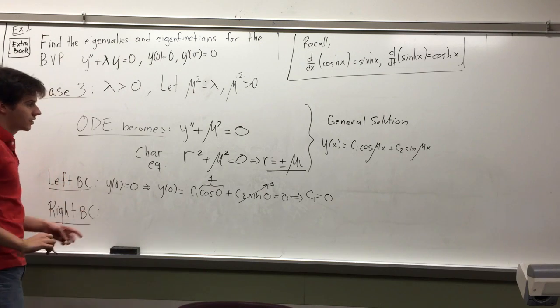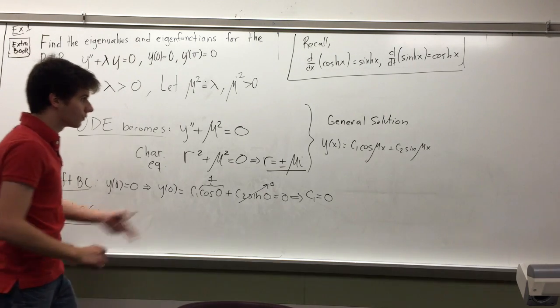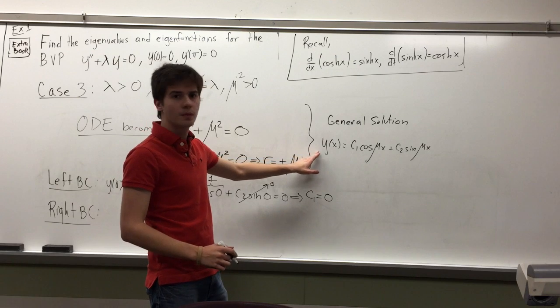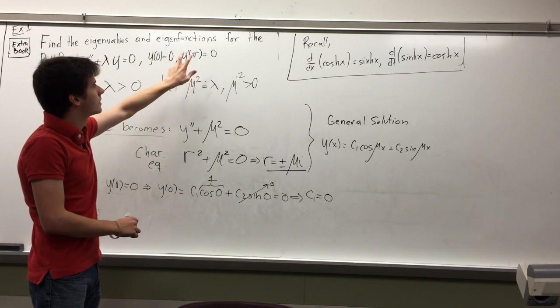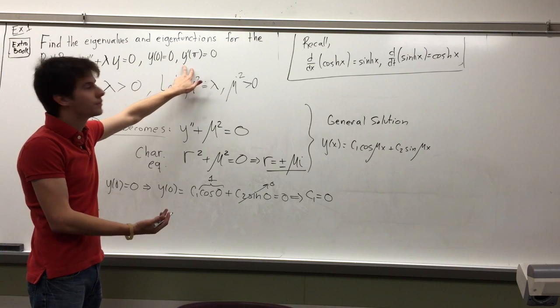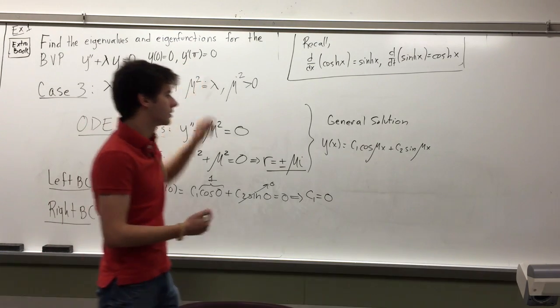Our right boundary condition says that, first we need to differentiate our general solution, because our right boundary condition involves the derivative. It has y prime of pi is equal to 0.